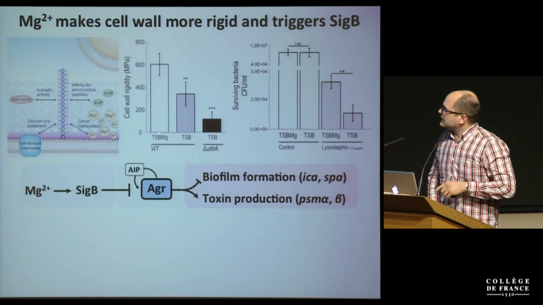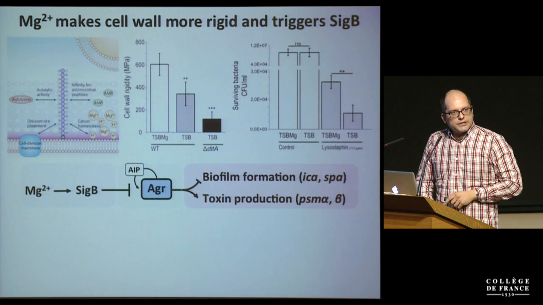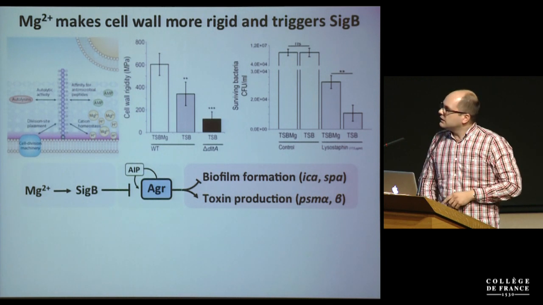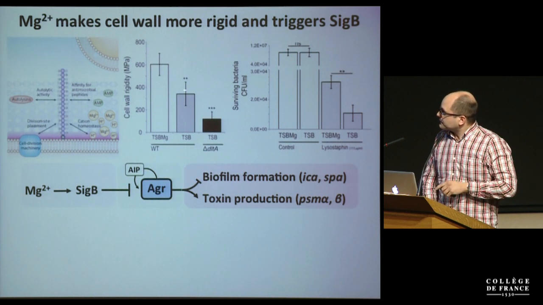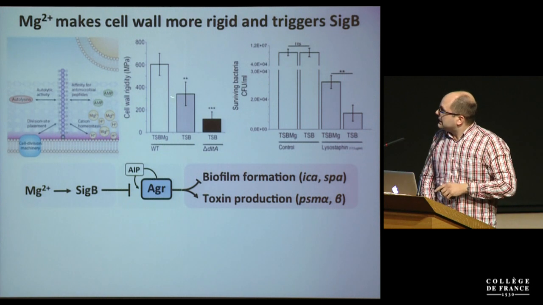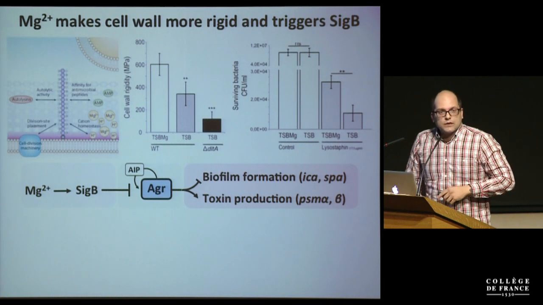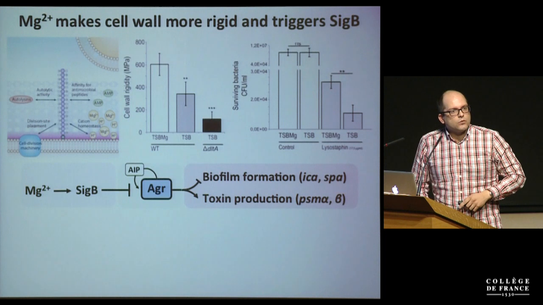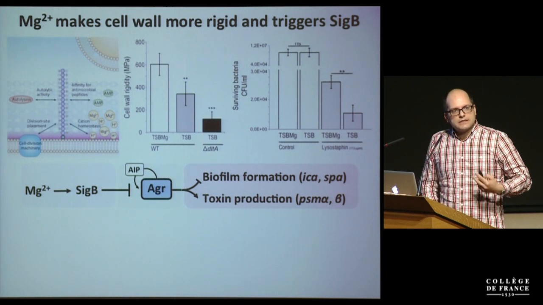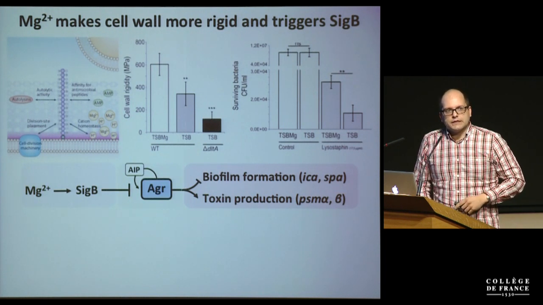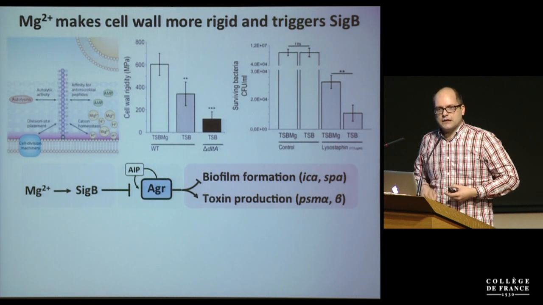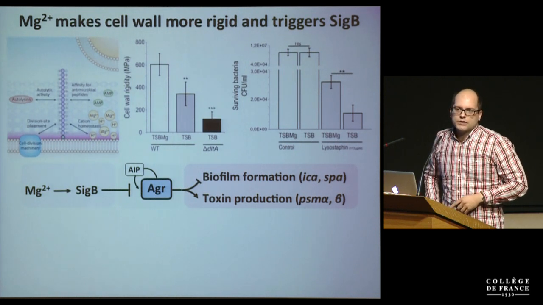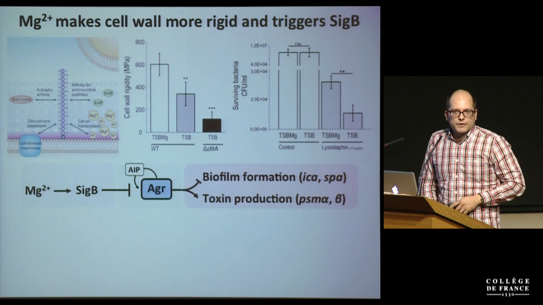Here you see in TSB magnesium, we have a bigger force back on the needle compared to the TSB-only wild type. This is a control strain that we know has a weakened cell wall. So it seems like Staph aureus cells growing in TSB magnesium have a more rigid cell wall, according to our atomic force microscopy experiments.